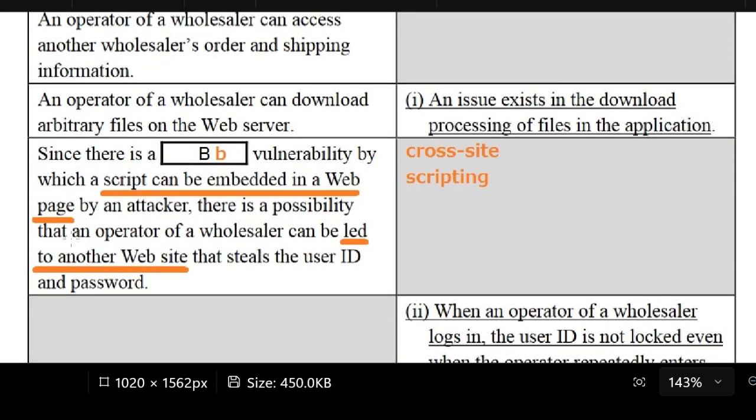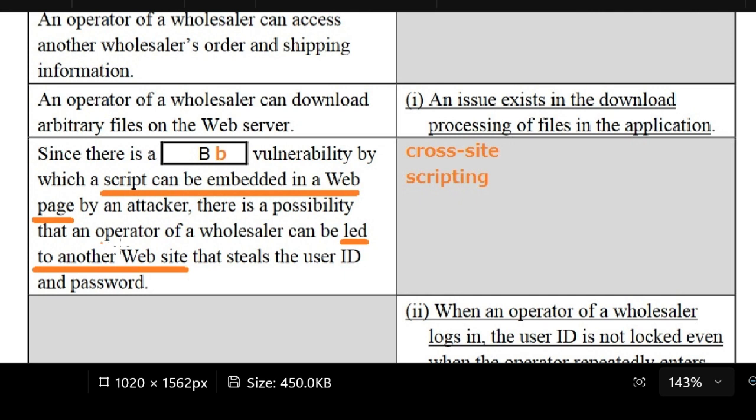The next box is saying, since there is a vulnerability by which a script can be embedded in a web page by an attacker, there is a possibility that an operator of a wholesaler can be led to another website that steals the user ID and password.